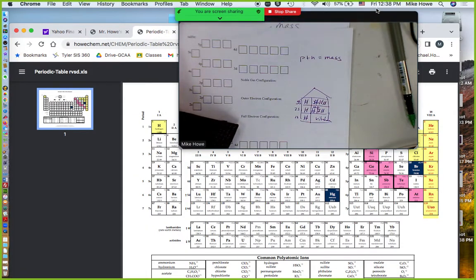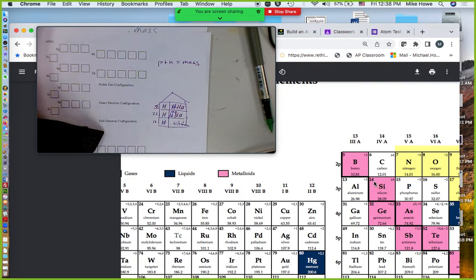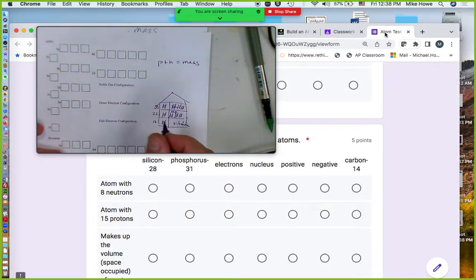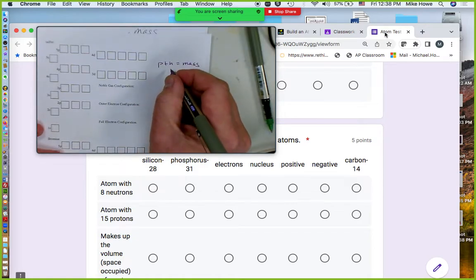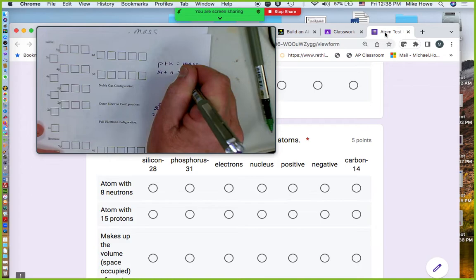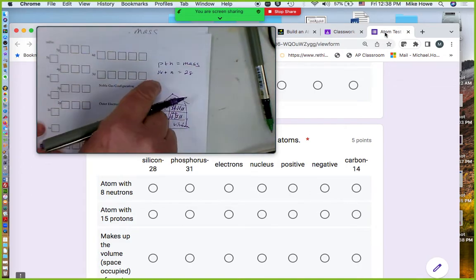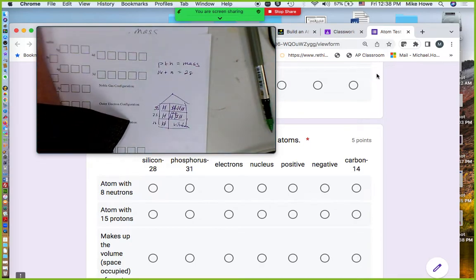You can see it right here. Right there, 14, that's silicon. So if it has 14, and you know the mass is 28, we'd have 14 plus the neutrons equals 28. So that answer is not going to be 8, because 14 plus 8 is not equal to 28.